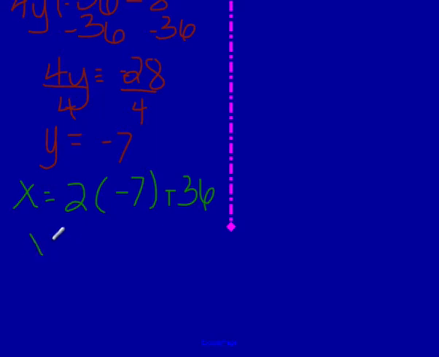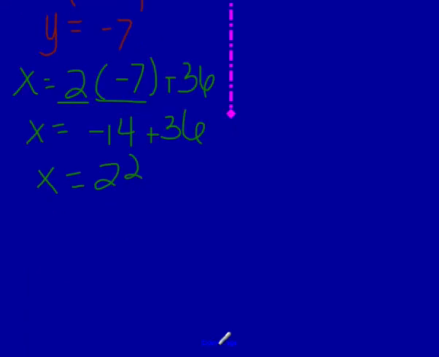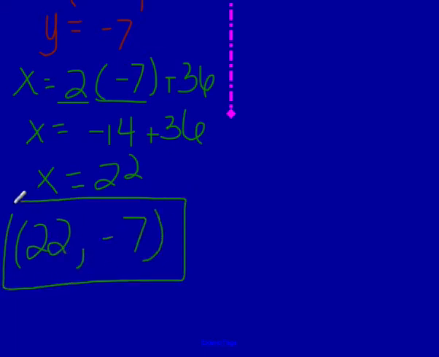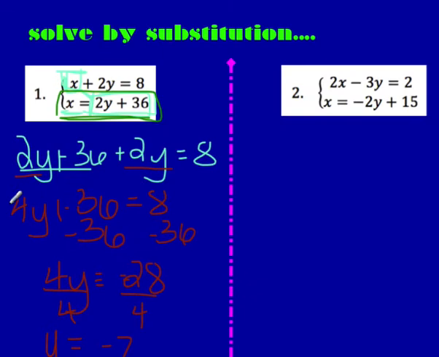Then I have 2 times negative 7, which is negative 14, plus 36. Add those two together, and you get that x is equal to 22. The last thing I want to do is write that out as a coordinate point, x then y. So my x comes first, comma, my y. And this right here is the solution to the problem. Now I know this seems kind of confusing right now, but we're going to go through a lot of examples, so hopefully it starts to make sense.